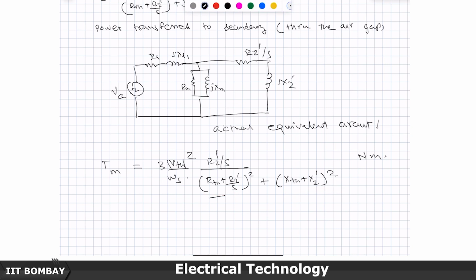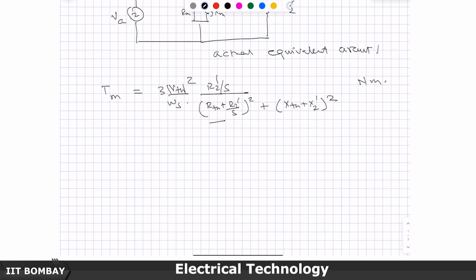This is in Newton meter. And then we had also worked out the maximum torque T max, which will happen at some slip called S max.